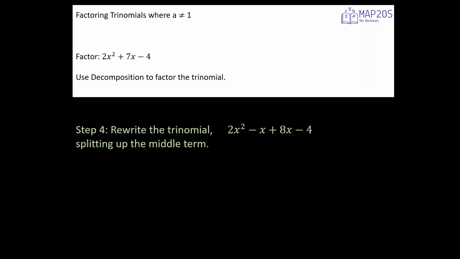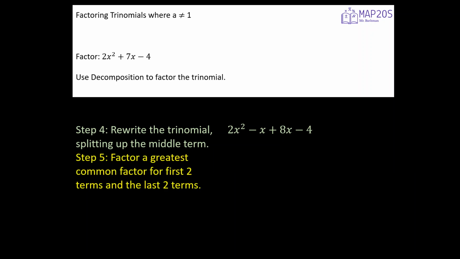So step 5, factor a greatest common factor for the first two terms and the last two terms. Let's take a look at the first two terms, 2x squared minus x. We want to try to factor out a greatest common factor from those two terms. Now, it's going to be an x. We're going to take an x out, and when we take an x out of 2x squared, it becomes just 2x.